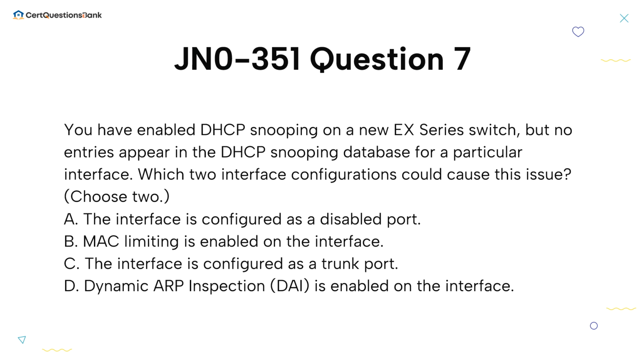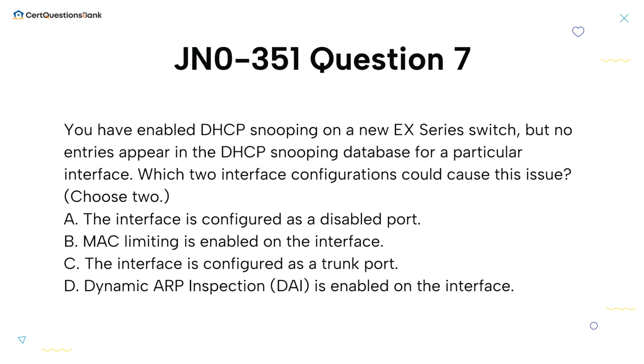You have enabled DHCP snooping on a new EX-series switch, but no entries appear in the DHCP snooping database for a particular interface. Which two interface configurations could cause this issue? Choose 2. A. The interface is configured as a disabled port.